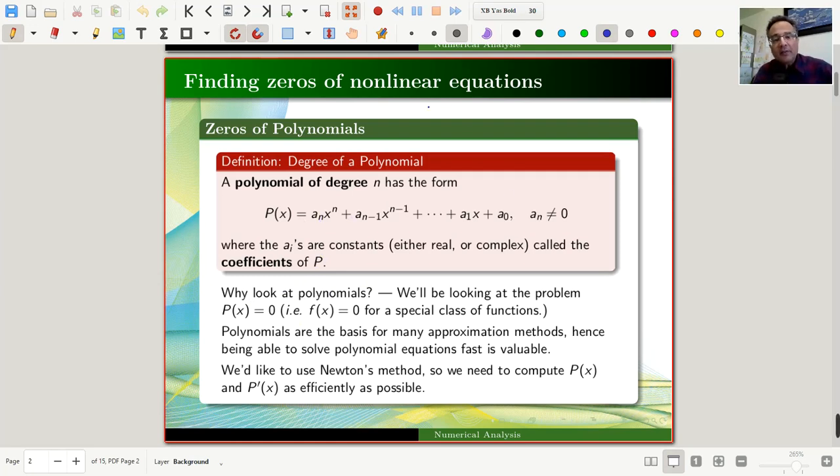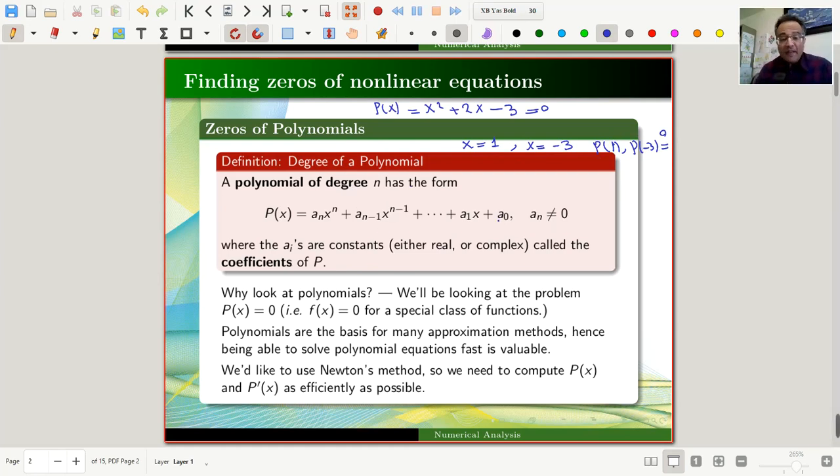In fact, if you consider, for example, x squared plus 2x minus 3 equal to 0, we know that if we put x equal to 1 and x equal to minus 3, and we call this polynomial p of x, then p of 1 and p of minus 3 are equal to 0. x equal to 1 and x equal to minus 3 are called the roots of this polynomial.